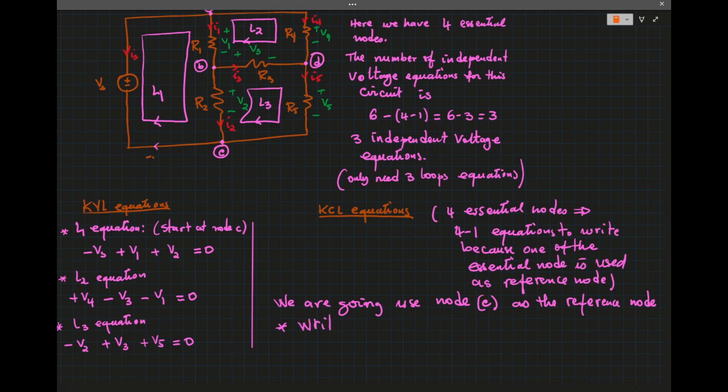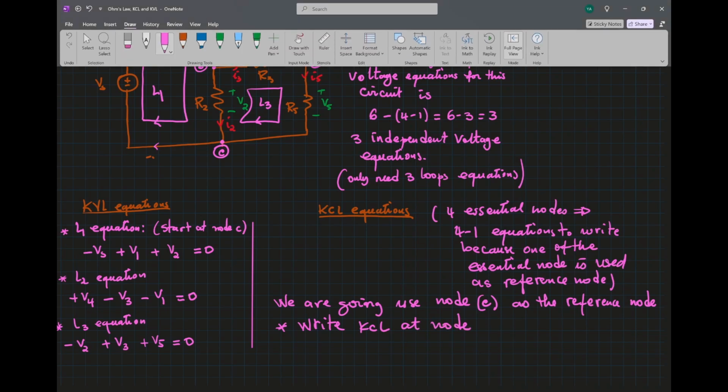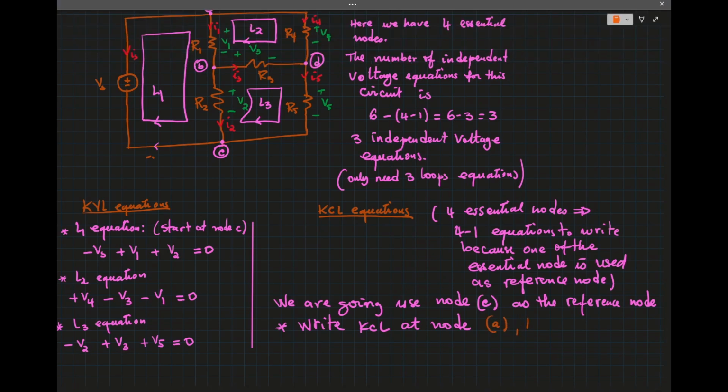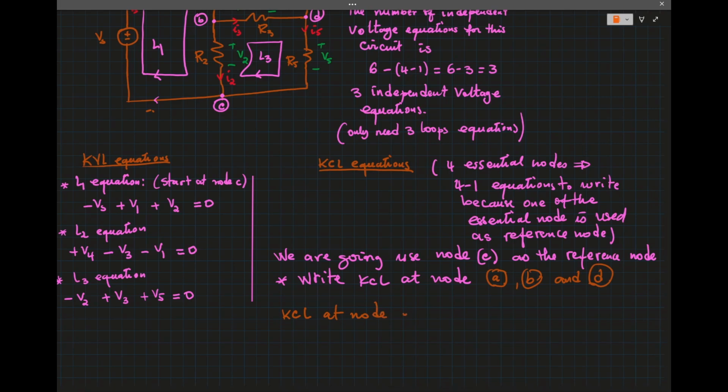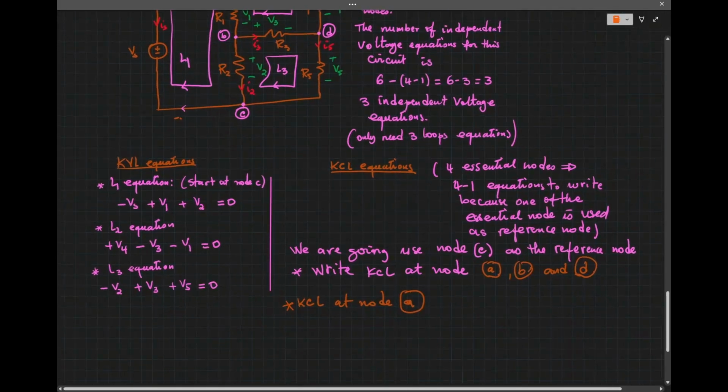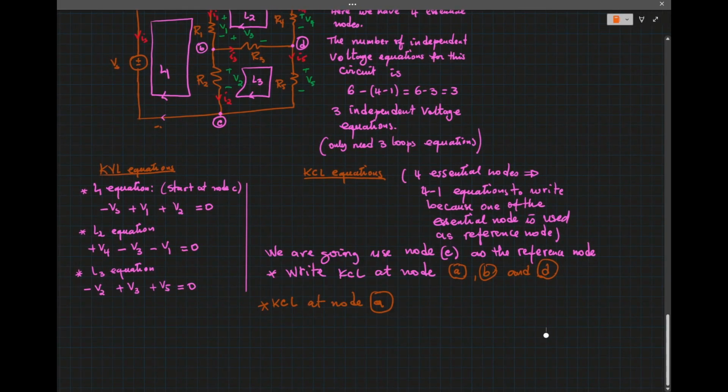So write KCL at nodes A, B, and D. Okay, so KCL at node A. So let's try KCL at node A.